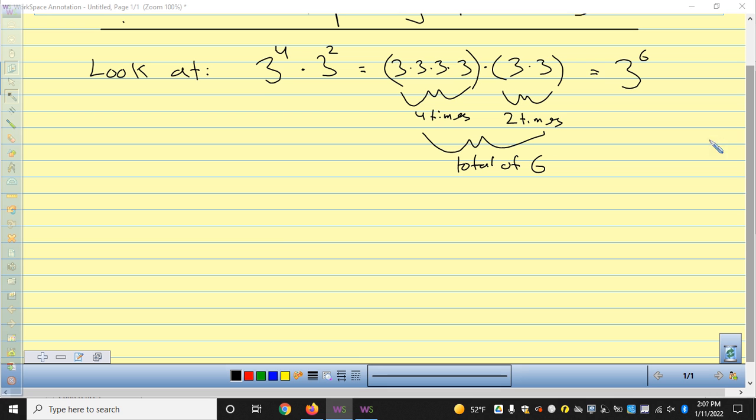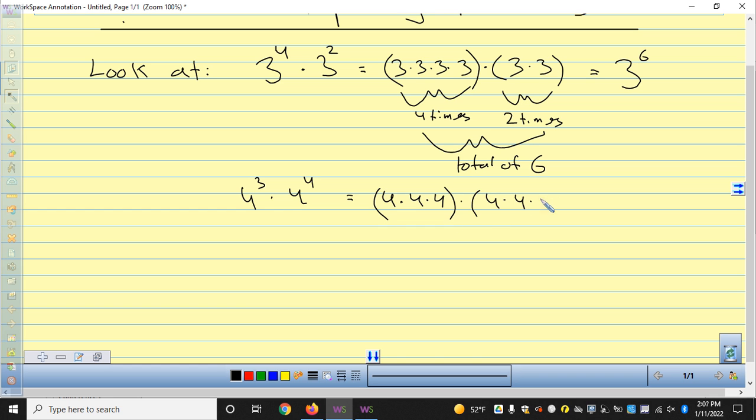So let's look at another one. 4 to the 3rd times 4 to the 4th. Well, 4 to the 3rd is 4 times 4 times 4, and we're multiplying that by 4 times 4 times 4 times 4.